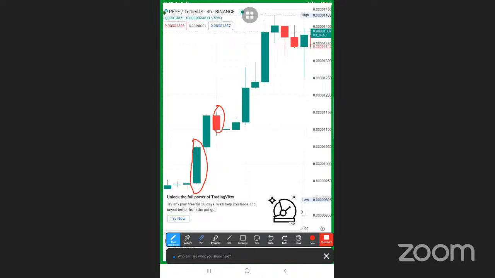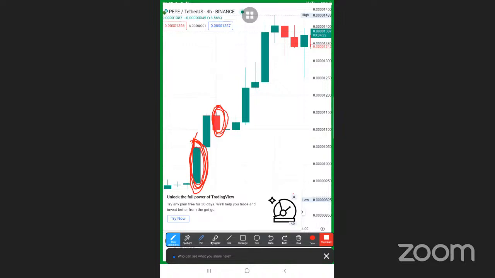So when you come to your TradingView and see this green candle, you should know that it represents buyers. When you see these two colors, green represents buyers, while red represents sellers. These are bulls. This is demand and this is supply.